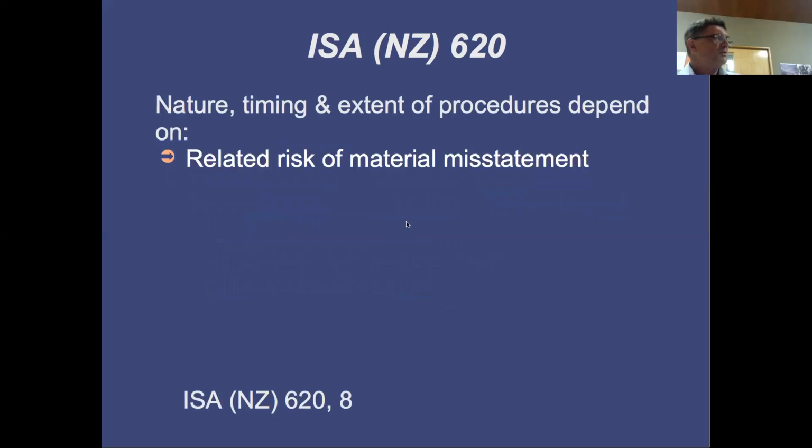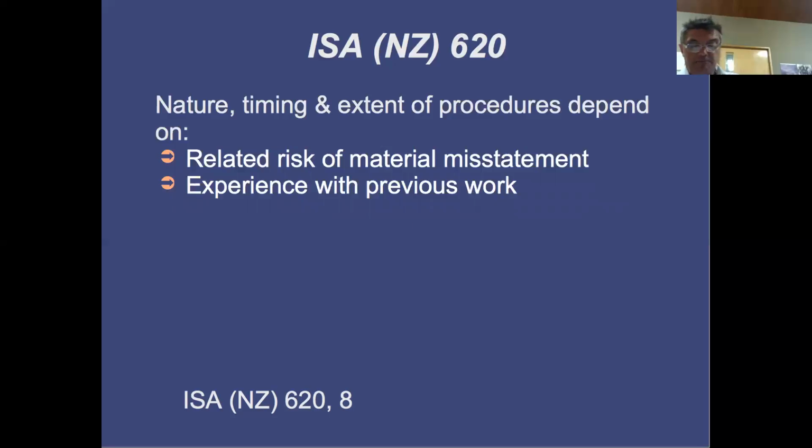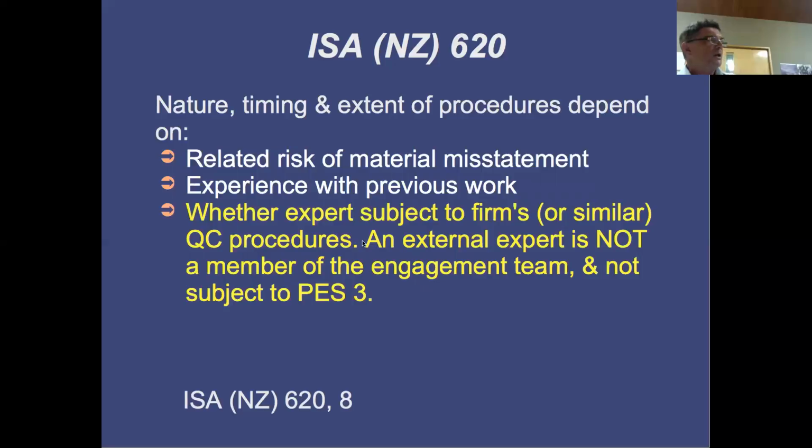Okay, nature, timing, and extent of procedures. It depends on related risk. So the extent, particularly, how risky is this? Again, do we have experience of this particular expert in the past? And what about quality control procedures?